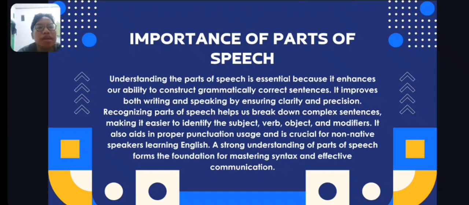Recognizing parts of speech helps us break down complex sentences, making it easier to identify the subject, verb, object, and modifier. It also aids in proper punctuation usage and is crucial for non-native speakers learning English. A strong understanding of parts of speech forms the foundation for mastering syntax and effective communication.